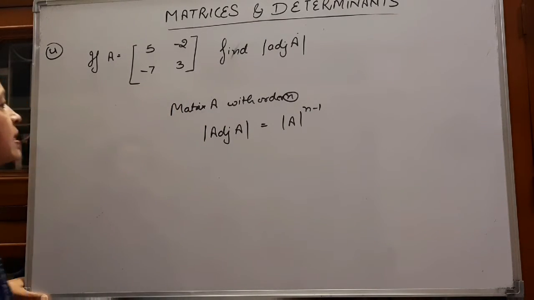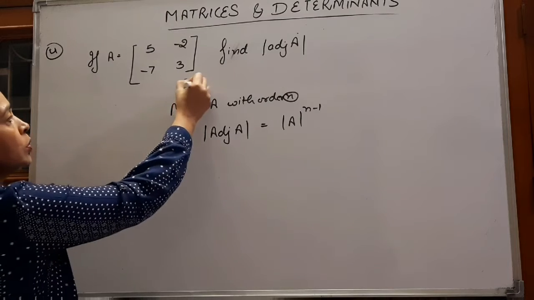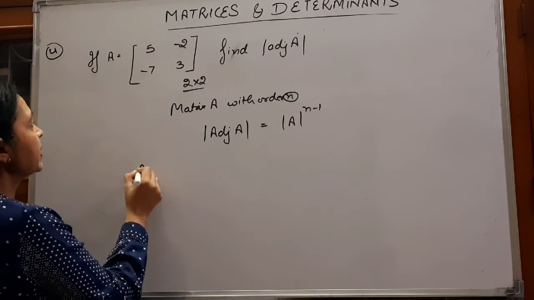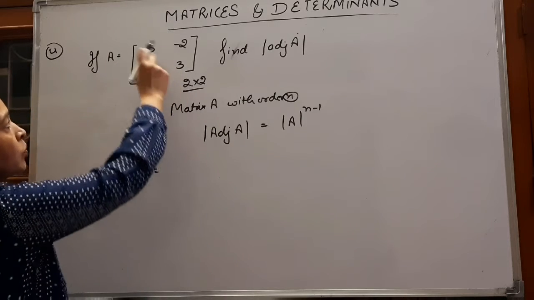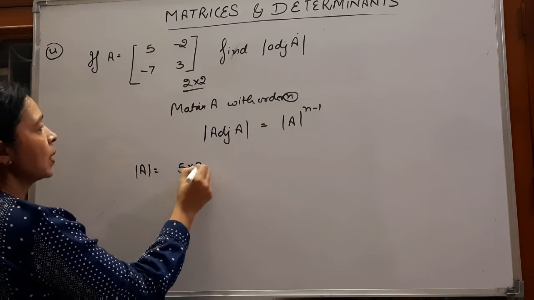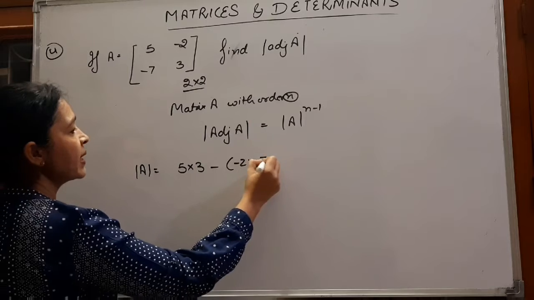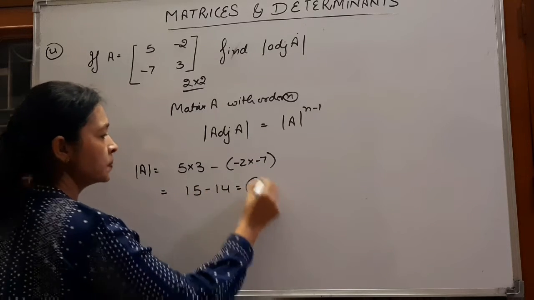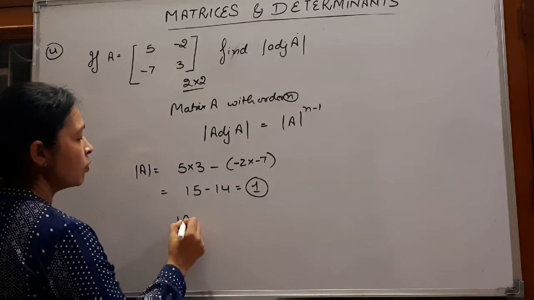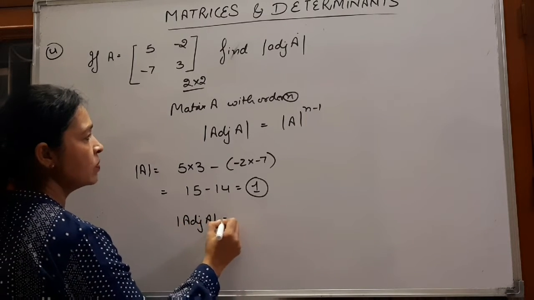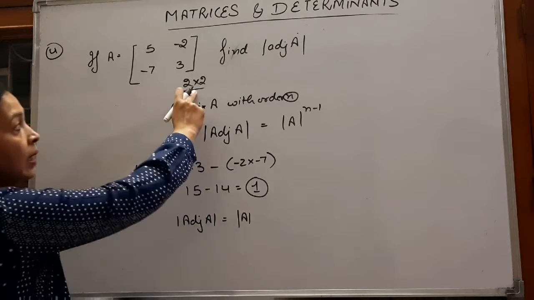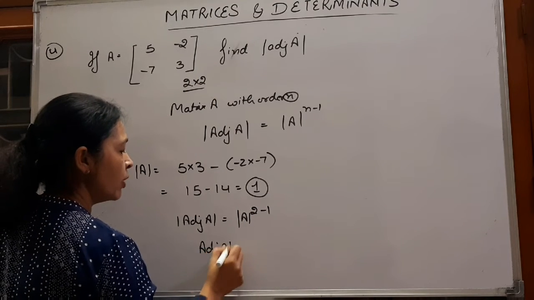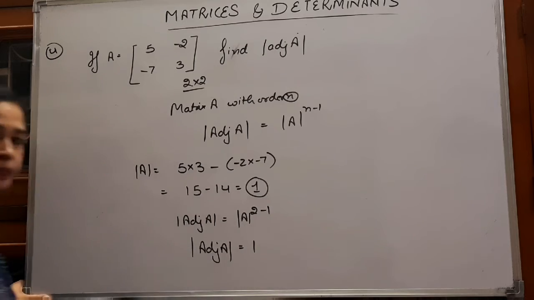Now, in this case, the order is 2 by 2. Determinant of A is 3 into 5 minus 2 into minus 7, that is 15 minus 14, that is 1. We have to find determinant of adjoint A. This is equal to determinant of A to the power n minus 1, that is 2 minus 1. So, determinant of adjoint A is 1.